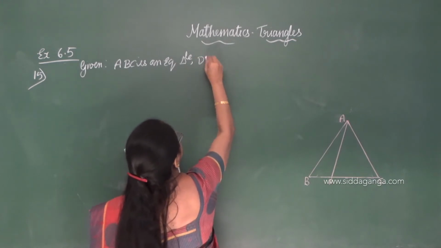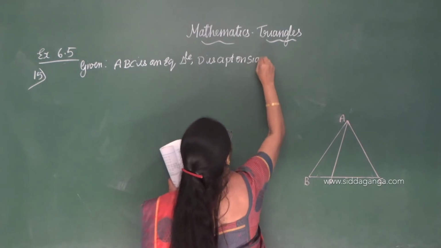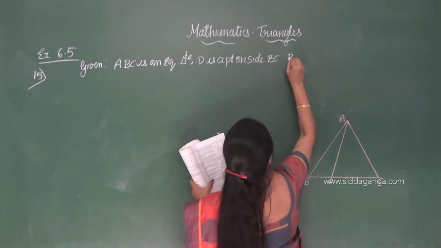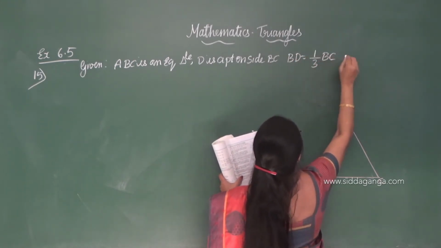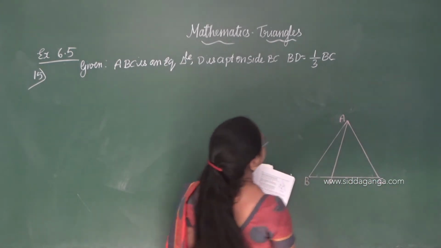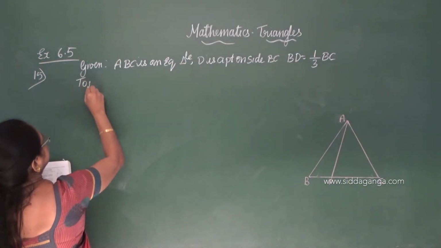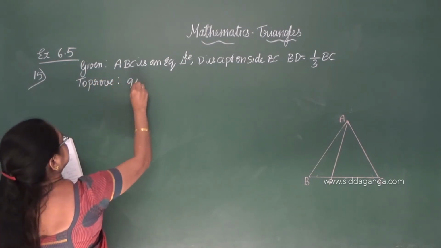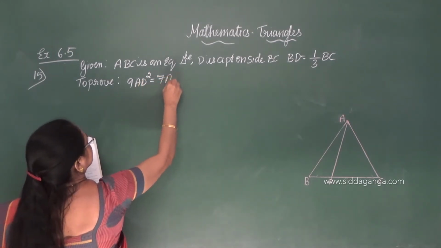So D is a point on side BC and also BD is equal to 1 by 3rd of BC. Next, to prove 9AD square equals 7AB square.